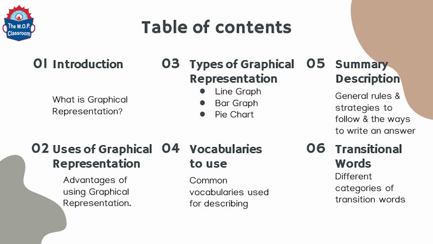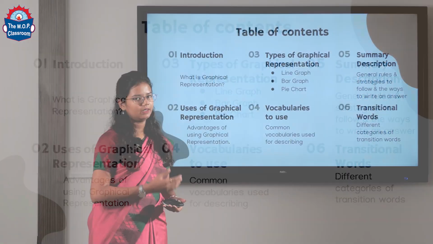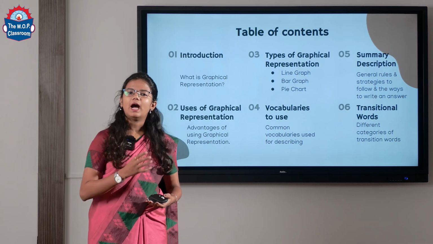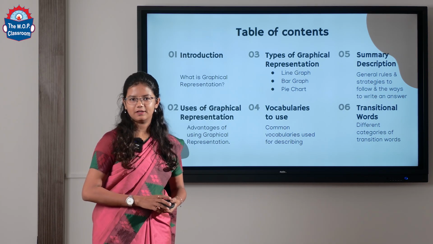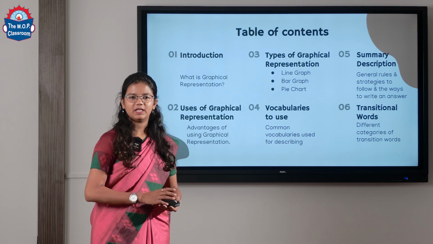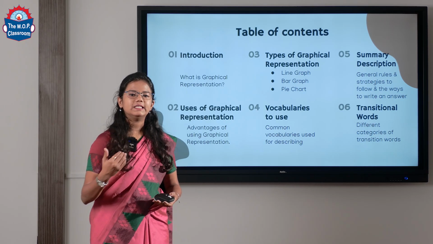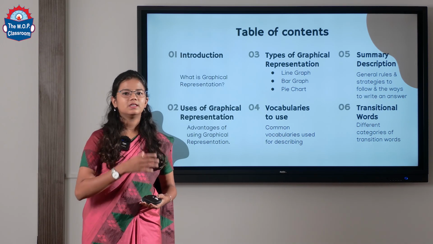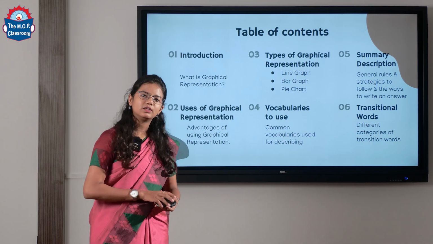Then we will move on to the proper vocabulary you need to use in order to describe any information conveyed there. From there we will move towards writing an ideal descriptive answer for any visual images. Then we will see the helping features such as transitional words, collocations and conclusions.